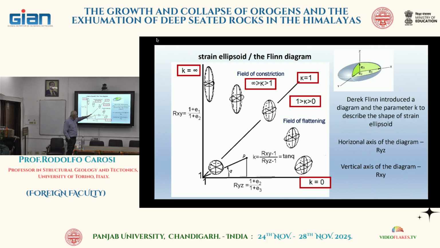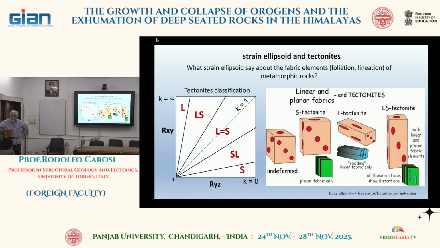If the volume decreases, this line shifts to the right. If the volume increases, this line shifts to the upper part. But if the volume loss or gain is in between minus 20 or plus 20%, more or less, this line is a good approximation. So you have to check also to have not so much loss or gain of volume in the rock.